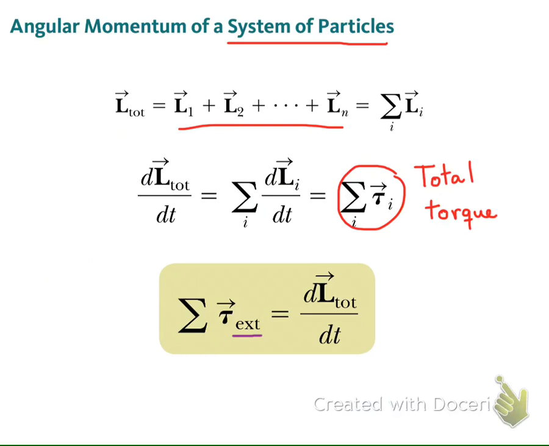It comes from outside the system of the particles. So we count only the torque from the external force to change the total angular momentum. We can prove that the torque from the internal force is 0.